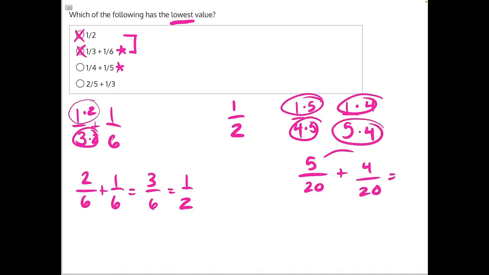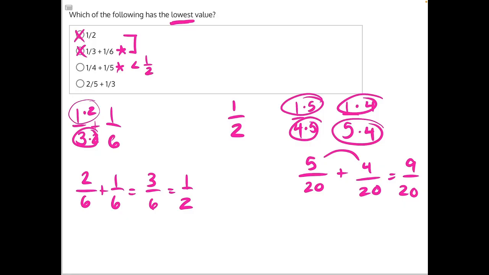When we add 5 and 4, we'll get 9/20, which is less than 1/2. 9 is 1 shy of half of 20. Half of 20 would be 10/20. So 9/20 is less, and we can say that that is less than 1/2.